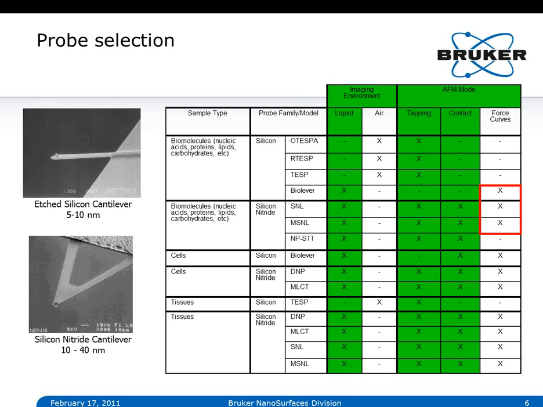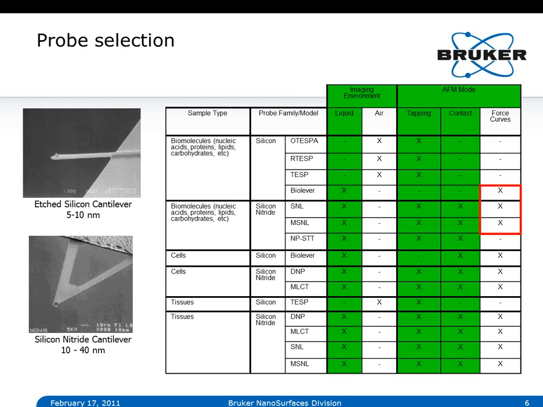So hence you see these two materials showing up here. And then you have these rather cryptic names for the probes, O-TESPA, R-TESPA, DNP, and so forth. And then on the right, you see our suggestion on which probe to use in either liquid or air, and then for which application. And we have tapping, contact, and force curves here.